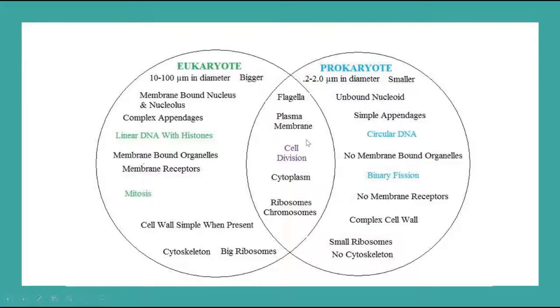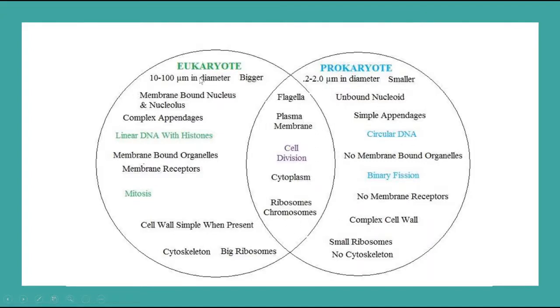Okay. Now this is just a Venn diagram which shows you some similarities and some dissimilarities between eukaryotes and prokaryotes. They have similarities, like both have flagella sometimes, plasma membrane, and cell division occurs in both cases. They both have cytoplasm, ribosomes and chromosomes, right? But what's the difference?